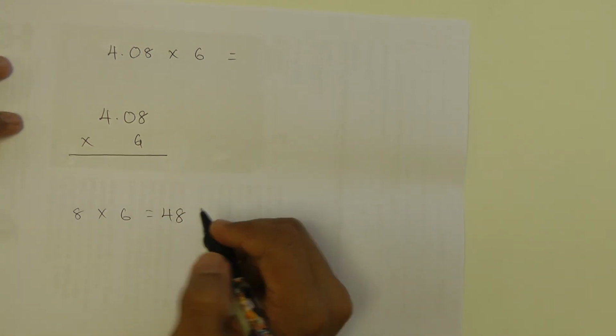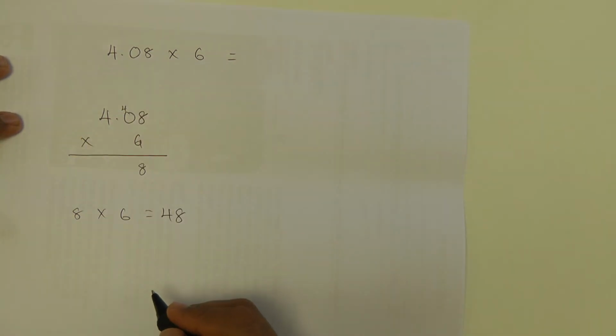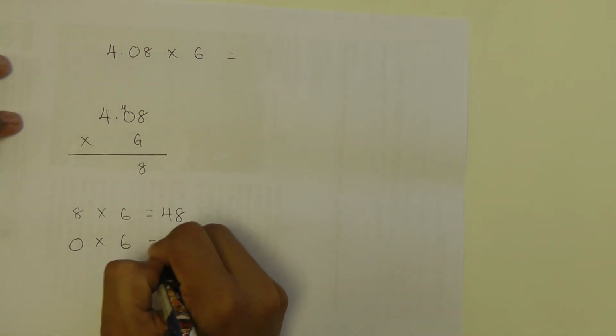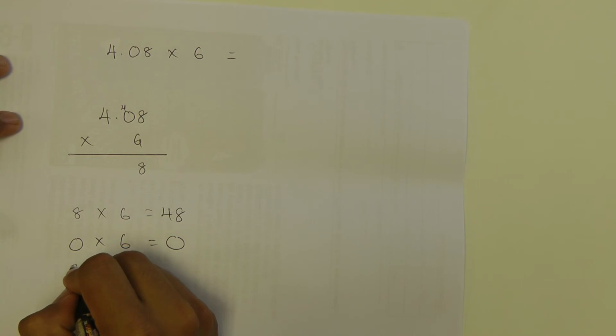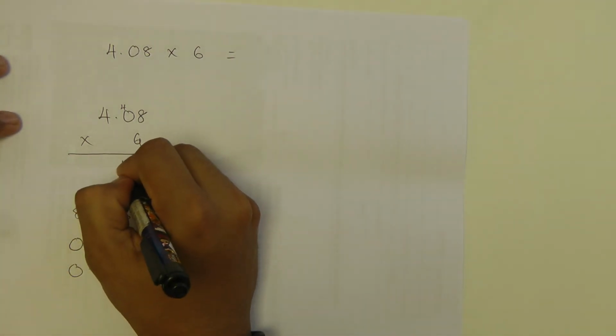Yes, 48. 8 carry up to 4. Very good. Next step is 0 times 6. That is 0. 0 plus 4 gives you 4. So we write down the 4 here.